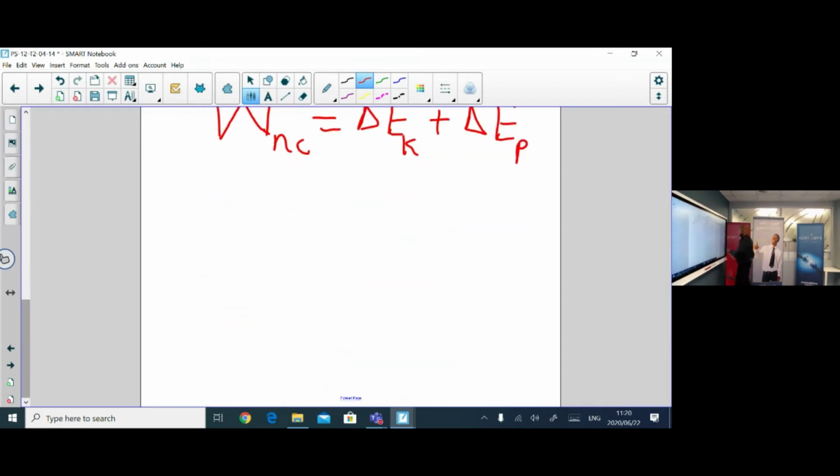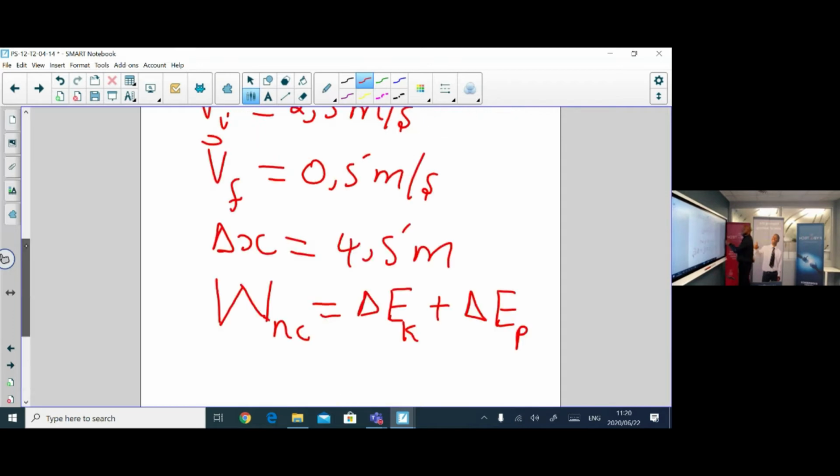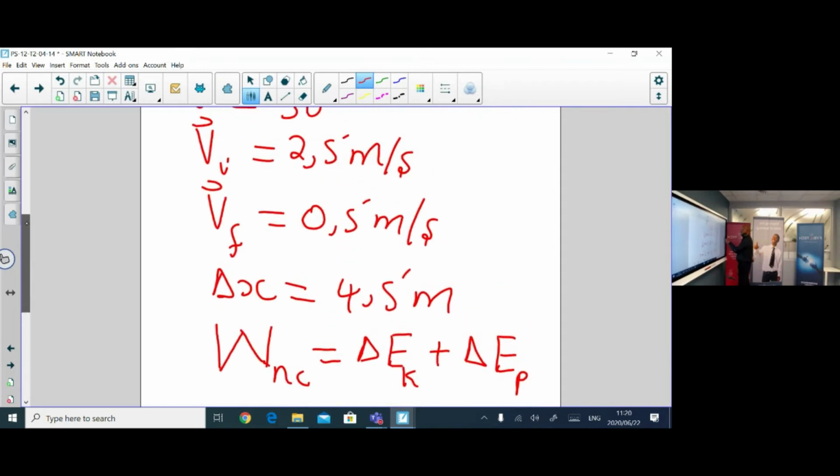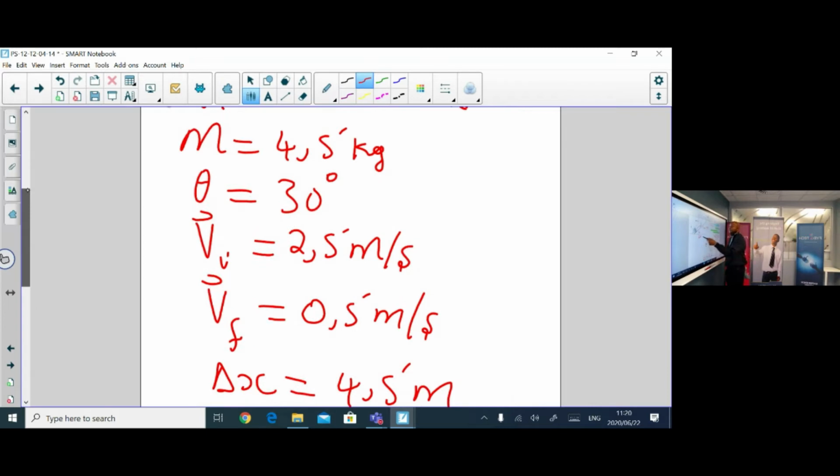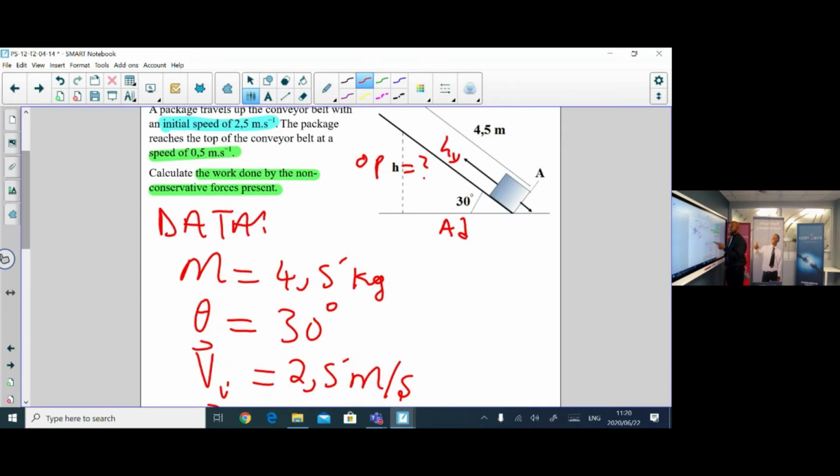If it's the adjacent that we were looking for, we would say cos theta is equal to adjacent over hypotenuse. But now we are looking for h. H is on the y-axis.